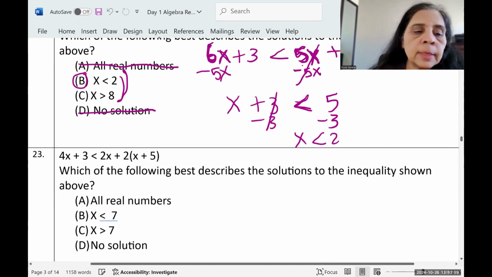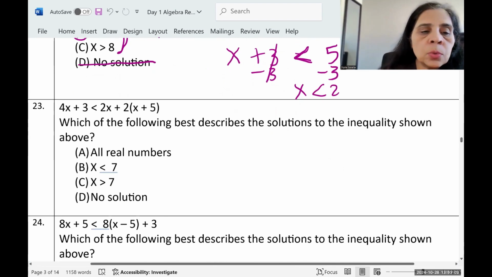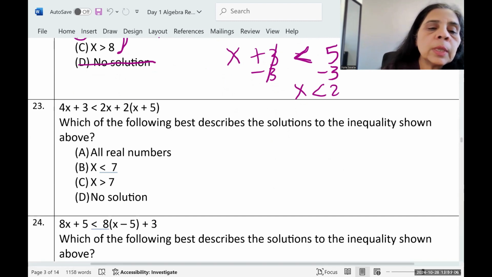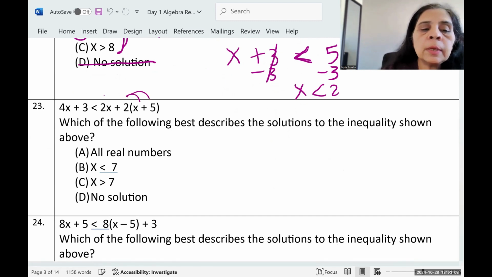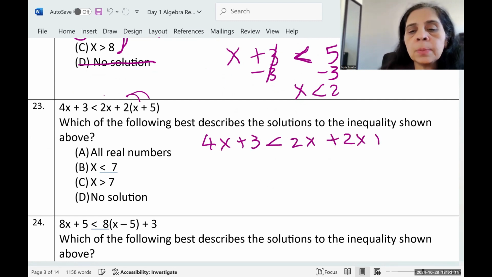All right, let's see number 23. Again, we have to choose one. So we can use the distributive property here: 4x plus 3 less than 2x plus 2x plus 10. We can combine like terms.